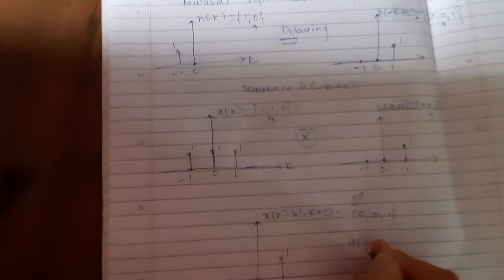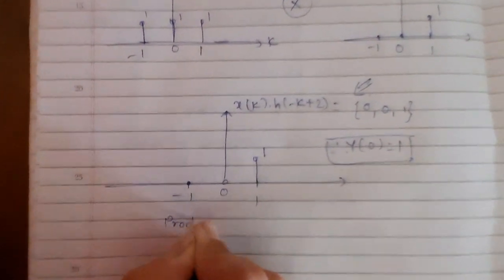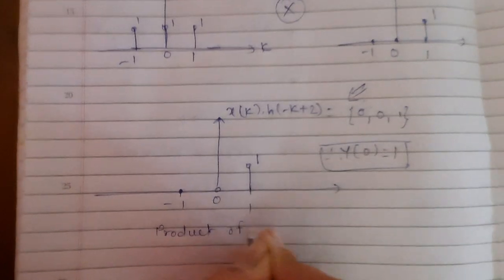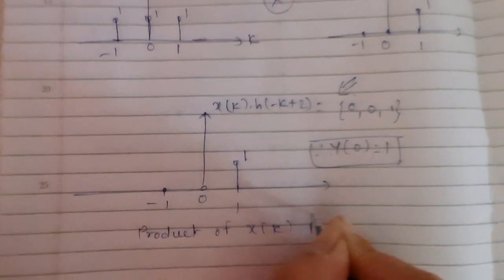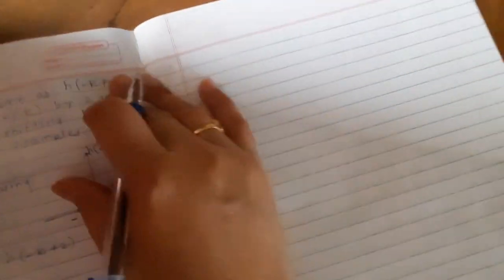So y of 0 is equal to 1. This diagram shows the product of x of k and h of minus k plus 2. Now we get the values of everything.